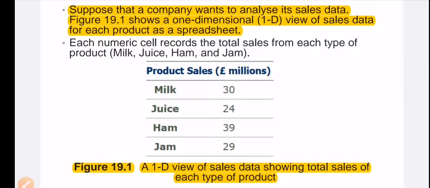You can see the product, for example, the milk product and the sales of such product, which is 30 million. Juice product sells 24 million, and so forth. So this is a one-dimensional view of sales.